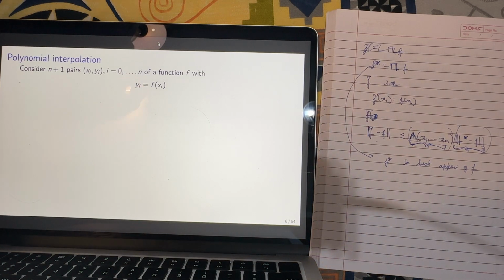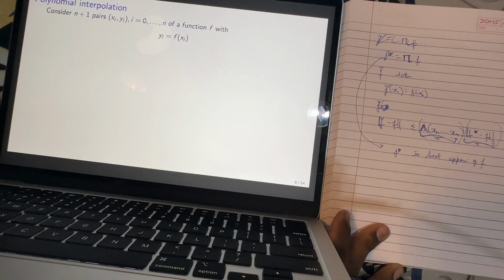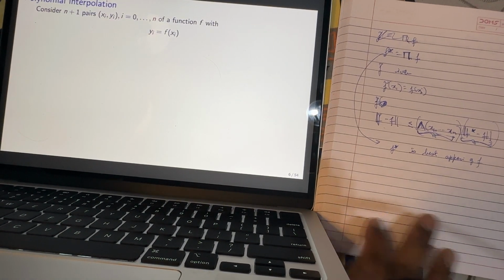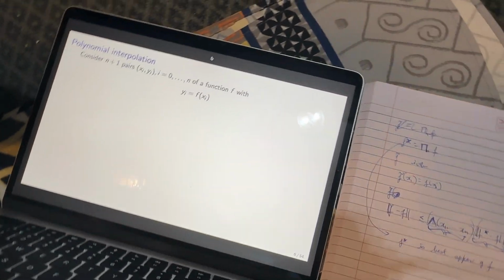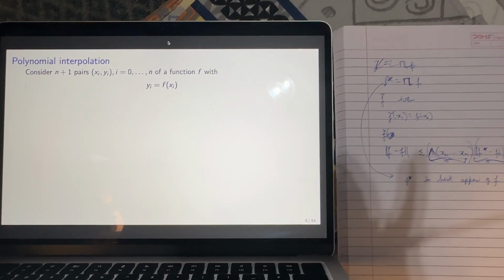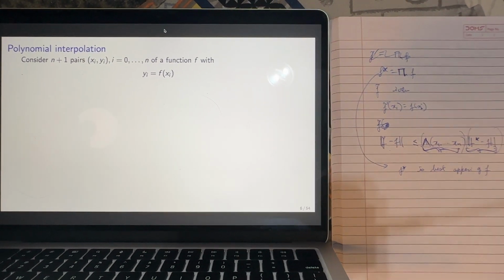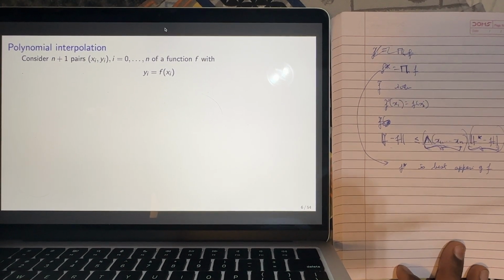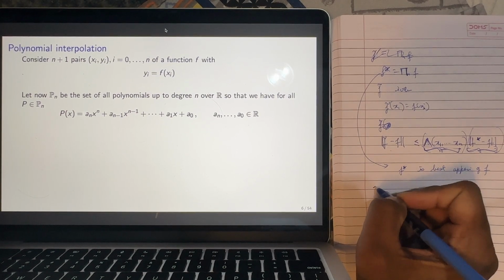So, polynomial interpolation. Consider n plus 1 pairs xi, yi of a function f with yi equal to f of xi, and we want to interpolate using a polynomial.